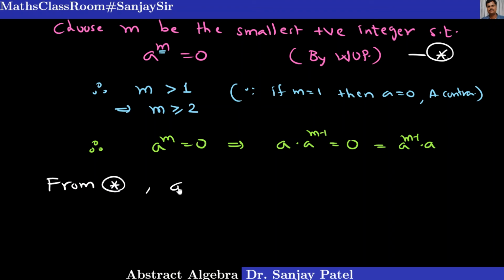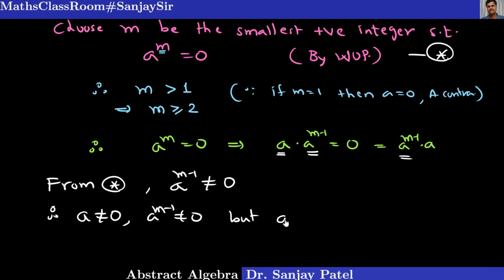From star, a raised to m minus 1 is not equal to 0, because m is the smallest positive integer for which a raised to m equals 0 is true. So for m minus 1 we cannot have a raised to m minus 1 equal to 0. So we have found a non-zero element, a raised to m minus 1, so that a into this equals 0. A is also not 0.